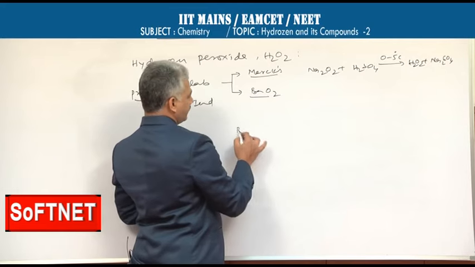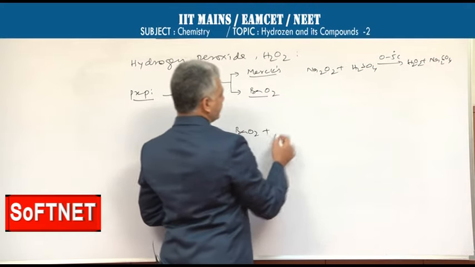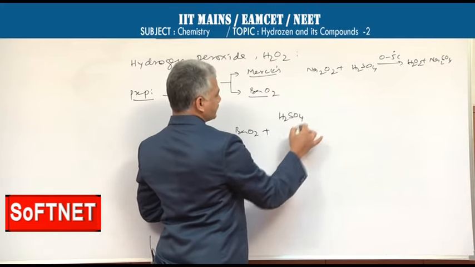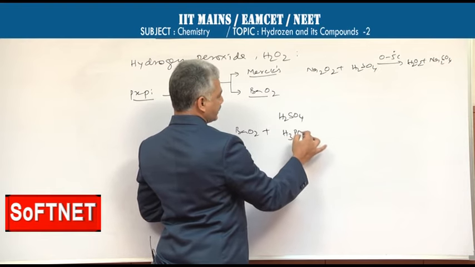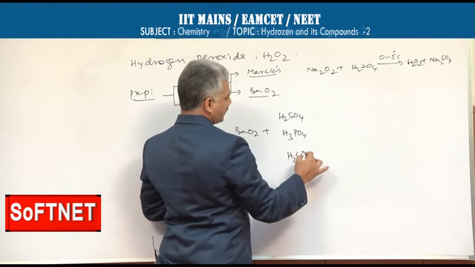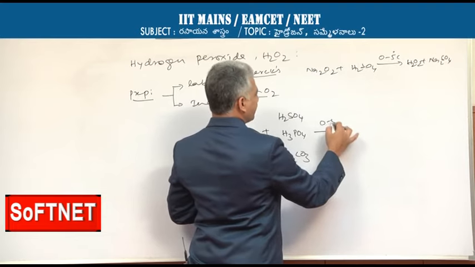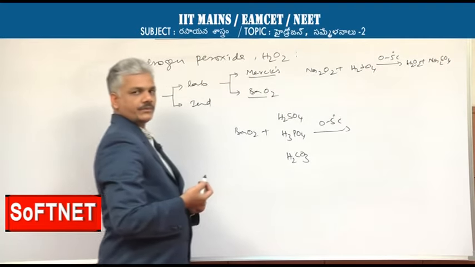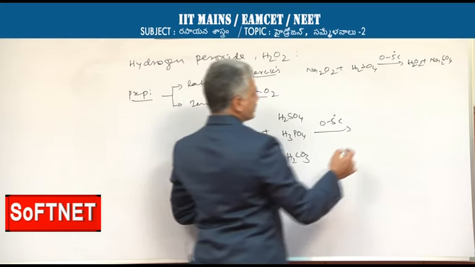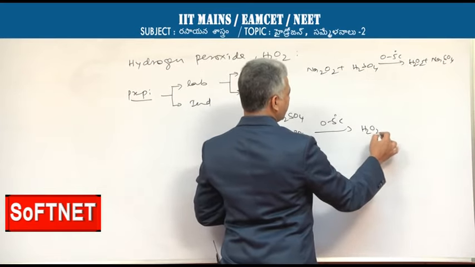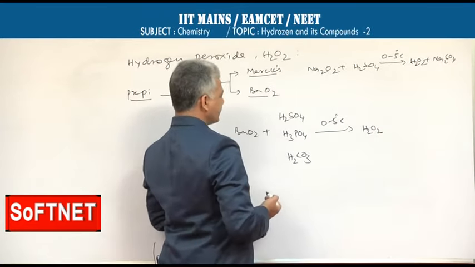For example, when barium peroxide is treated with sulfuric acid or phosphoric acid or carbonic acid at a temperature of 0 to 5 degrees centigrade, exchange of ions takes place leading to the formation of hydrogen peroxide.